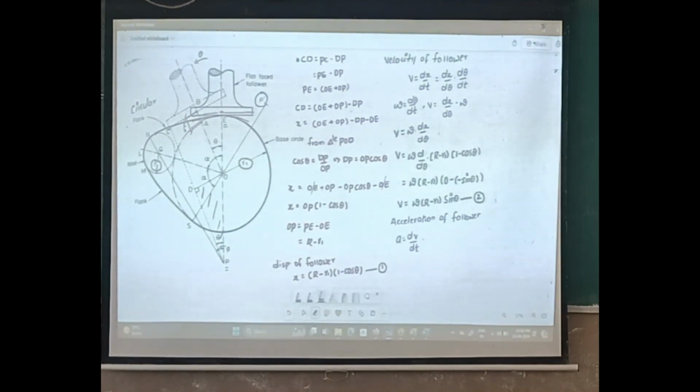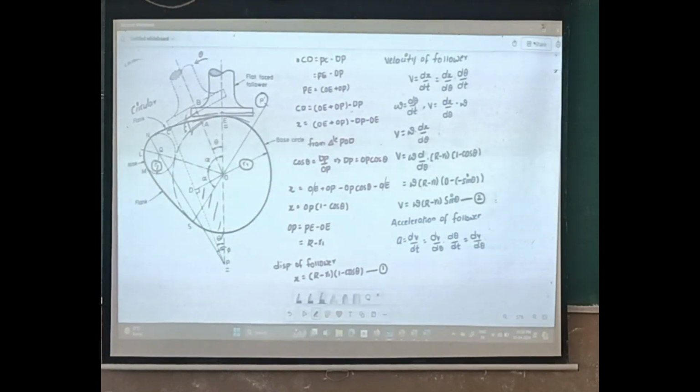Here also multiplying and dividing by d theta, that is dv by d theta into d theta by dt, which is nothing but dv by d theta into omega, since d theta by dt is equal to omega.